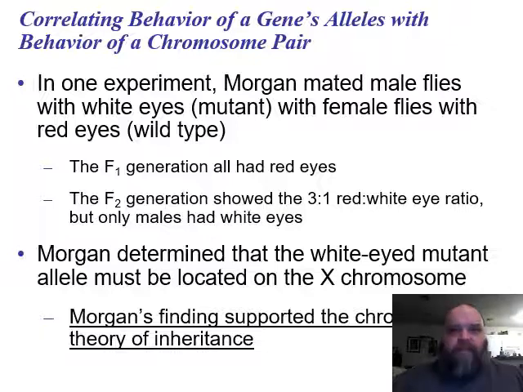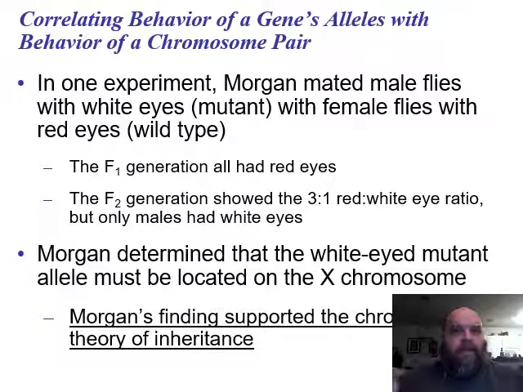If they took red-eyed males, crossed them with white-eyed females, everything followed Mendelian genetics perfectly. But when they did the opposite, white-eyed males, red-eyed females, things didn't work out quite right.